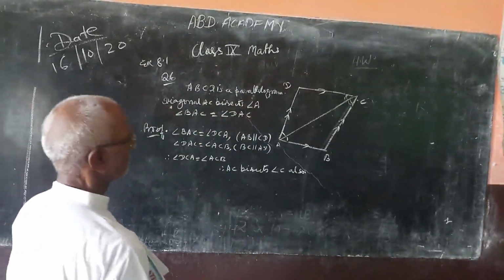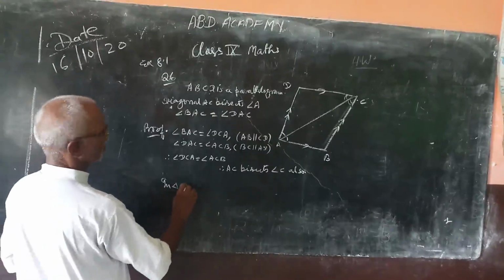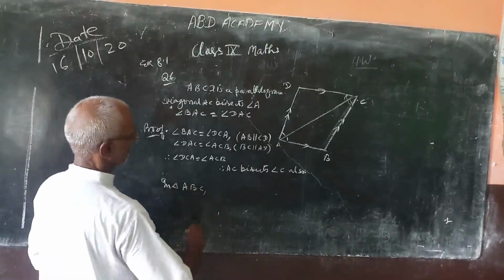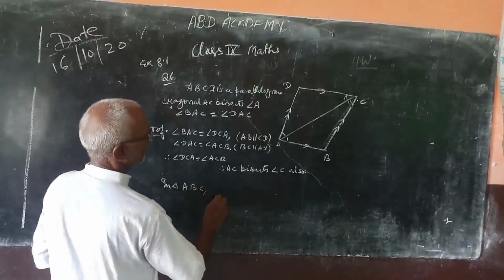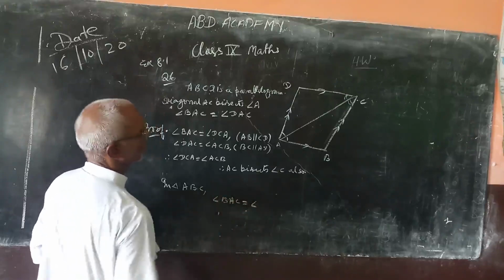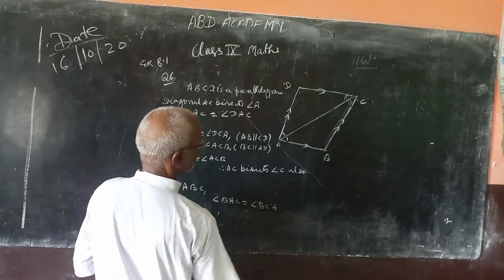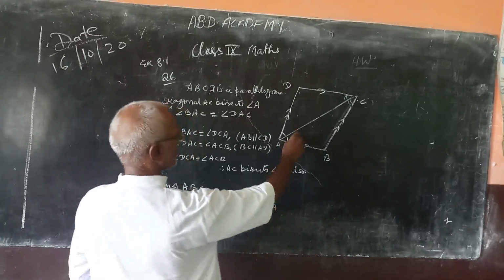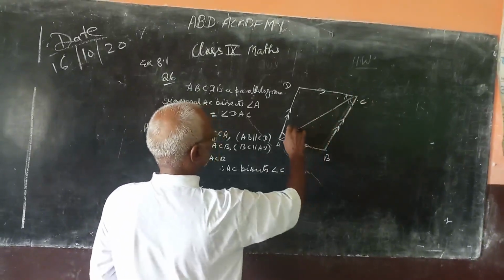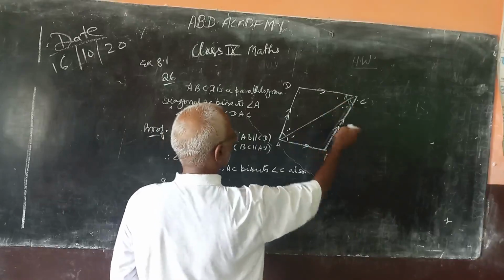Here, you see in triangle ABC, angle BAC is equal to angle BCA, because we have proved that this angle is equal to this angle and this one is equal to this, and they are also equal, so they will also be equal.